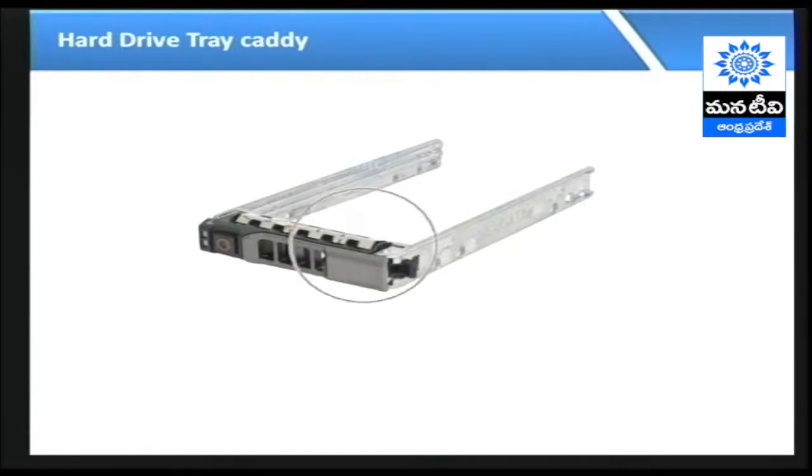This type of caddy tray is generally used in rack servers. Rack servers are specially designed to connect two or more physical disks. Those physical disks are connected to the server with the help of caddy trays. How do we insert a VCP or VCR cassette in a VCR player?